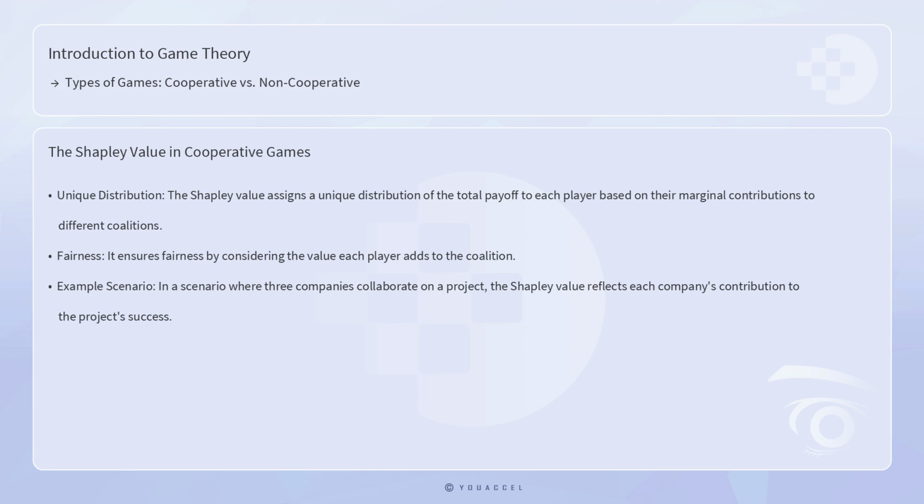It is a solution concept that ensures fairness by considering the value each player adds to the coalition. For example, consider a scenario where 3 companies collaborate to complete a project. The Shapley value would distribute the total profit in a way that reflects each company's contribution to the project's success.